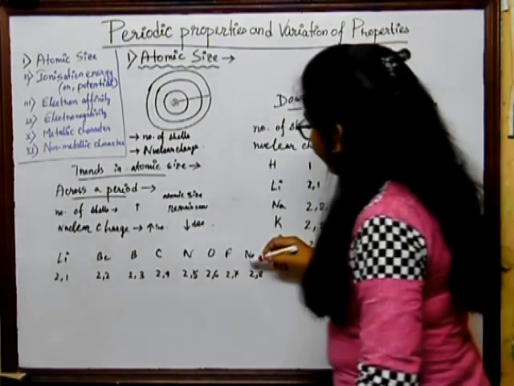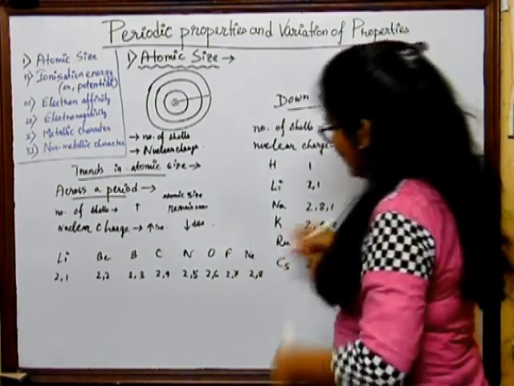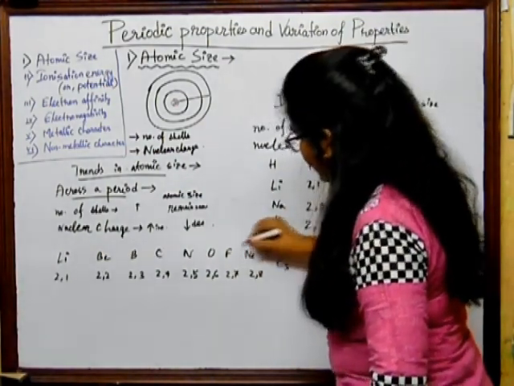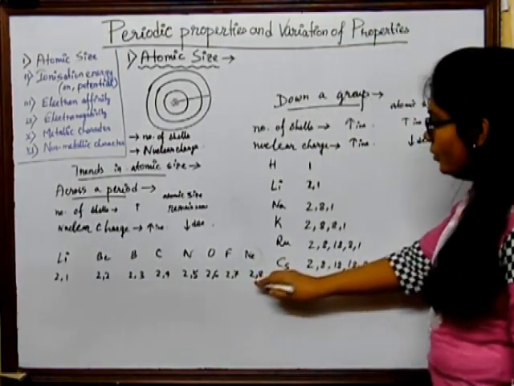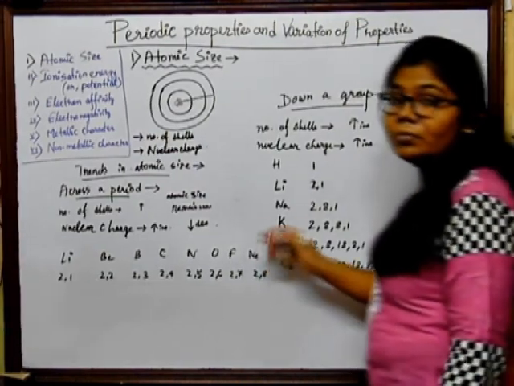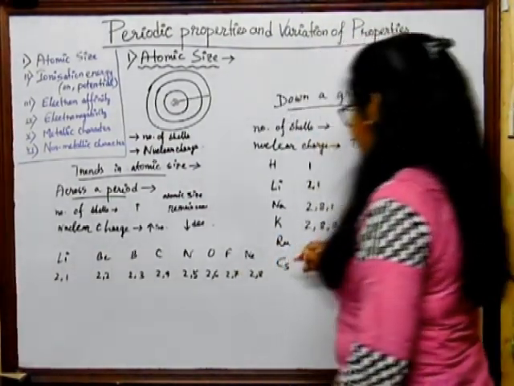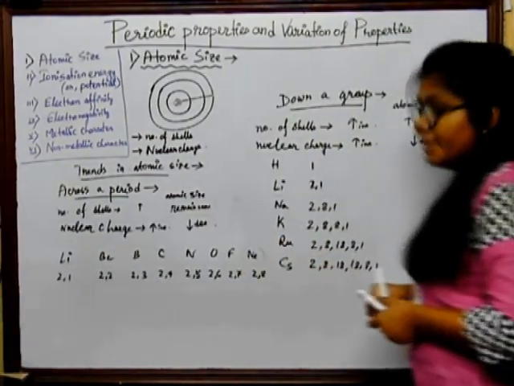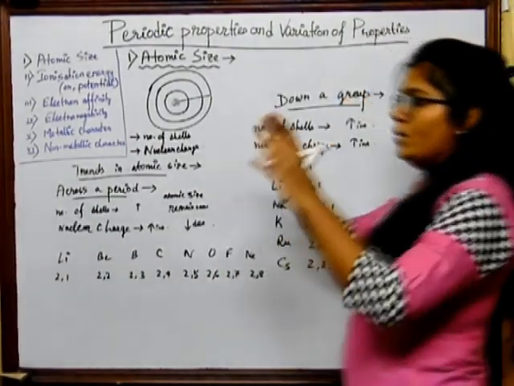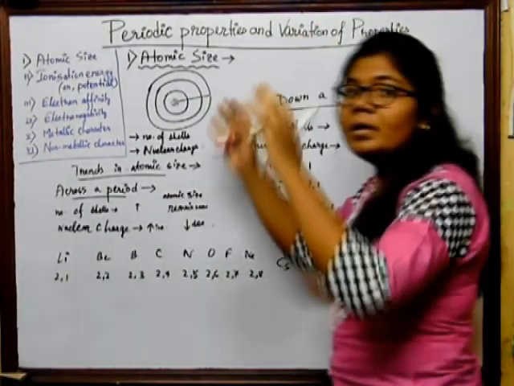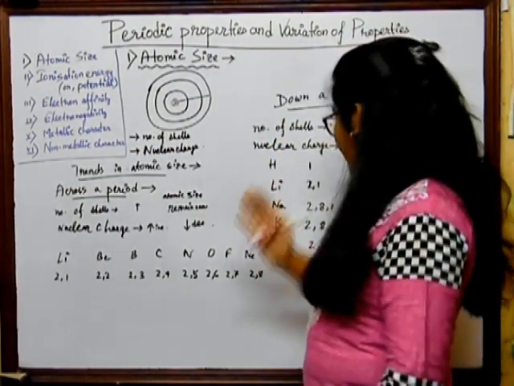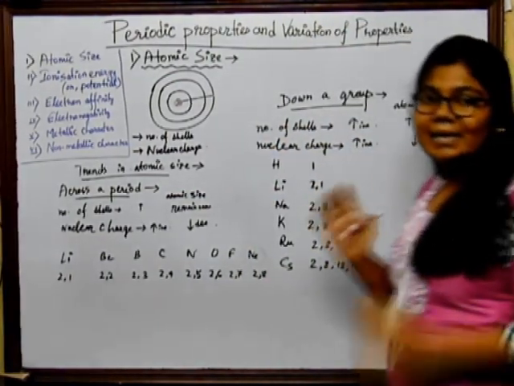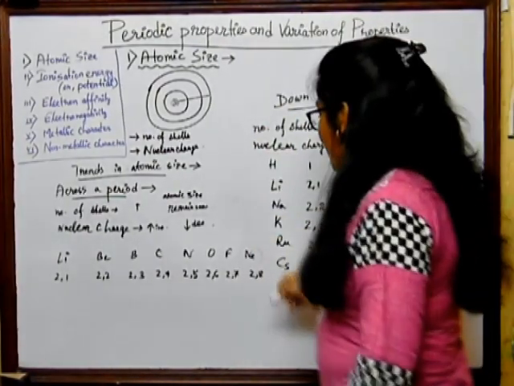Here we should keep in mind that neon is an inert gas. Here the electronic configuration is 2, 8. In the outermost shell there are 8 electrons, meaning it is an octet, the shell is fully filled.